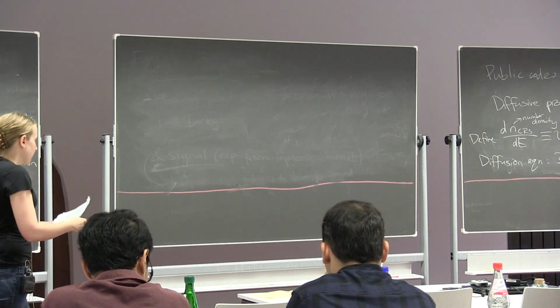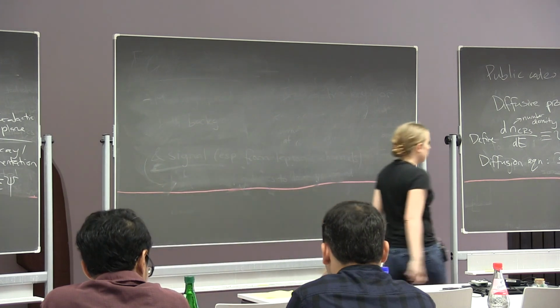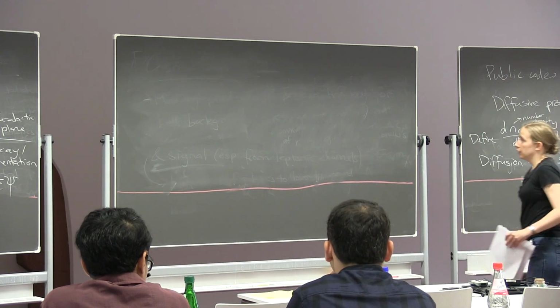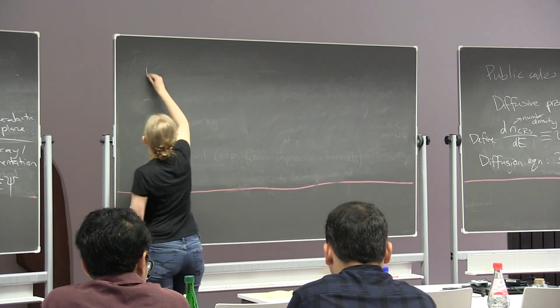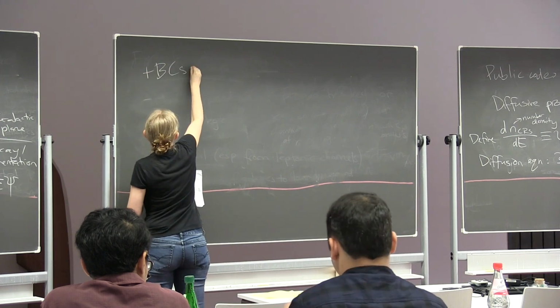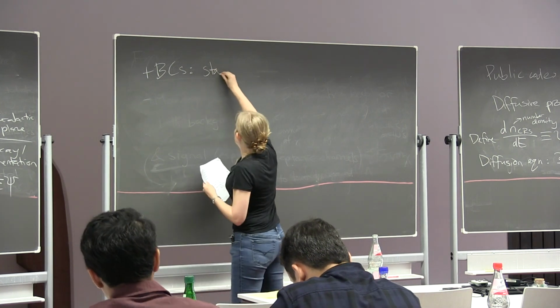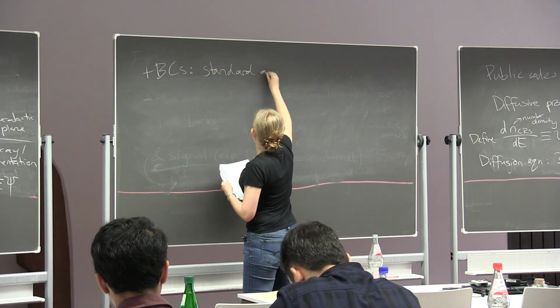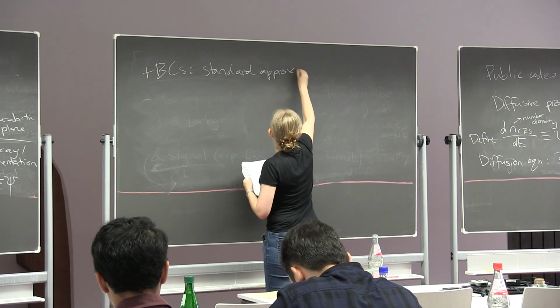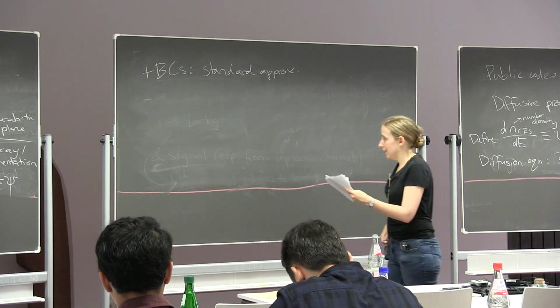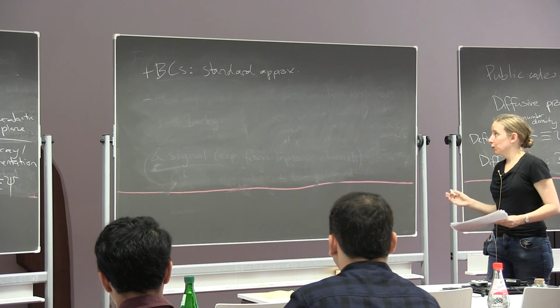But okay, so just starting from this diffusion equation, we need to do one other thing. We need to impose boundary conditions. The typical boundary condition that is imposed is to treat the galaxy as just a cylindrical slab with cylindrical symmetry.